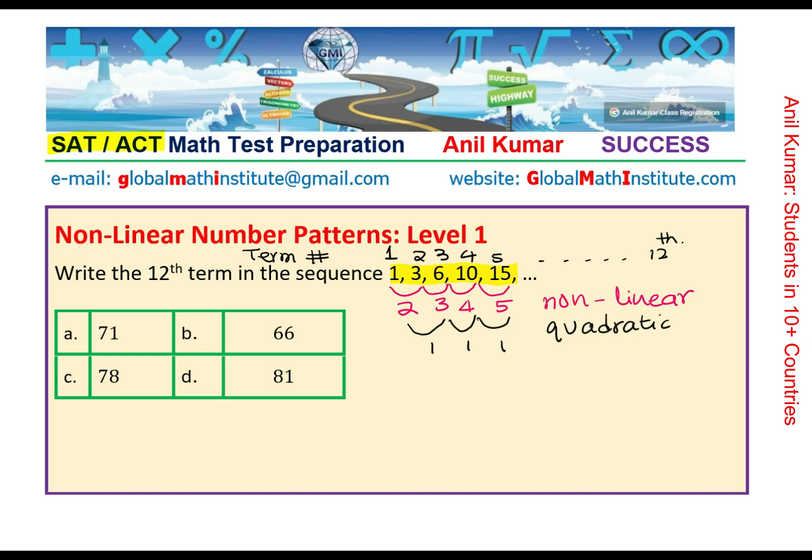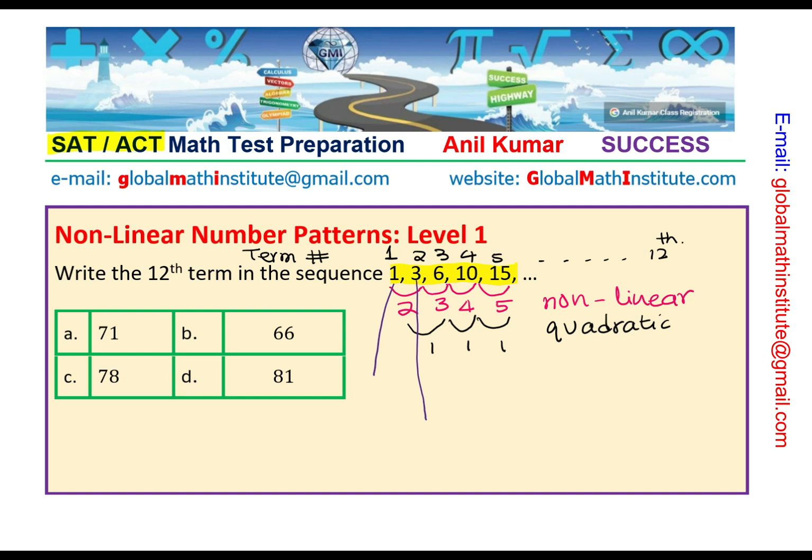Now, we have to analyze and understand how do we get 1 and how do we get 3? Well, second term gives you 3, the first term gives me 1, and third gives me 6. So, how about doing 1 times 2 divided by 2? It gives me 1. Do you see that?